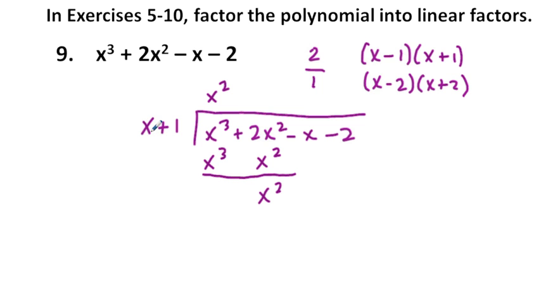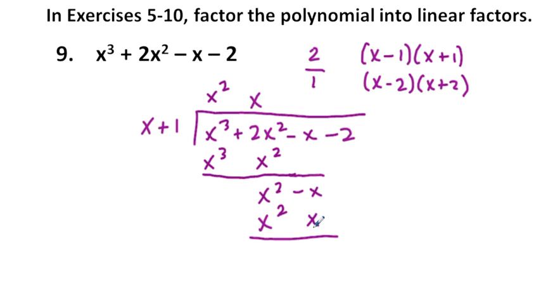And then we have to bring down this minus x. Here we have x squared divided by x is x. x times x is x squared. x times 1 is x. So if we subtract out, we get 0.